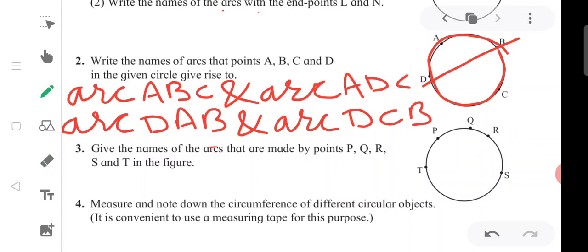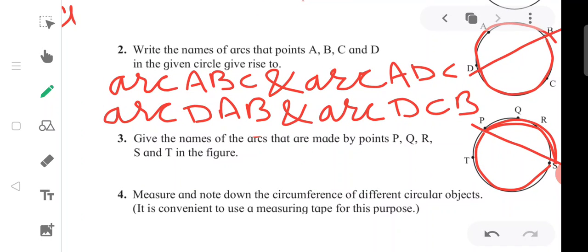See, here I consider P and S as end points. So we have two arcs, arc PTS and arc PQS or PRS.